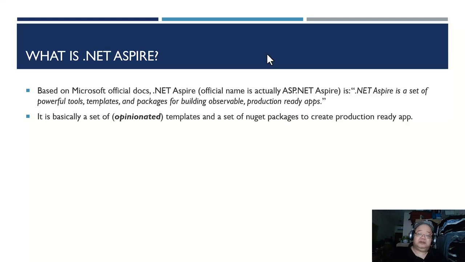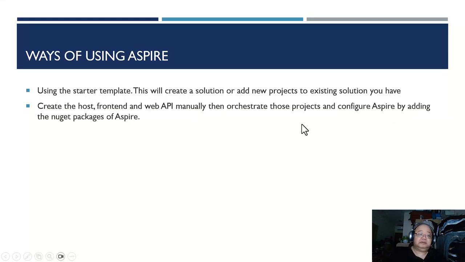I'll show you the documentation in a moment. So this brings us to, if you want to use Aspire, how to do that. Of course, the easiest one is using the starter template. This will create a solution or add the new projects to an existing solution you have.